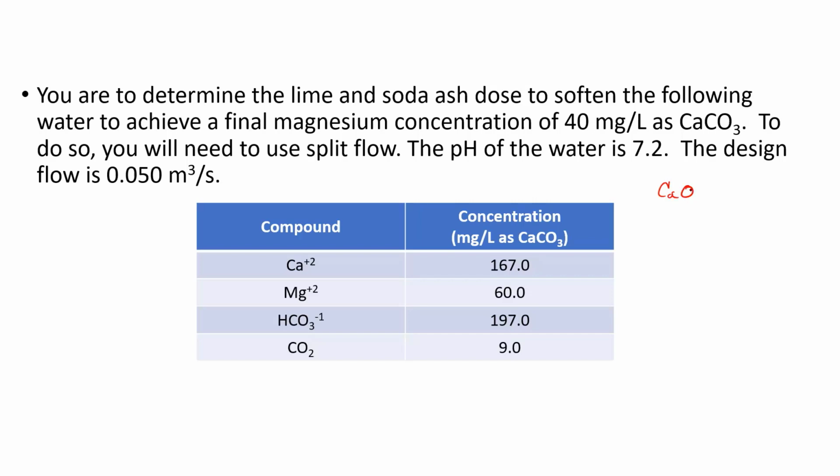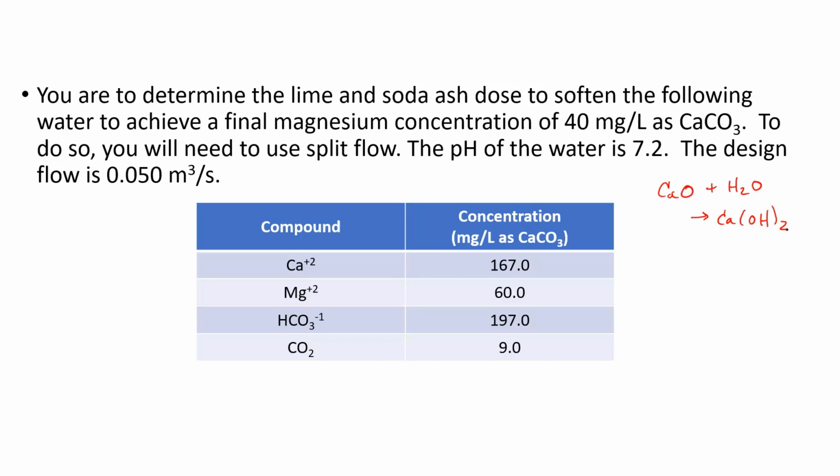Okay, so we purchase the chemical as calcium oxide. We hydrate that with water to produce calcium hydroxide. So it's calcium hydroxide that we're actually adding to the water, but it's purchased as calcium oxide.